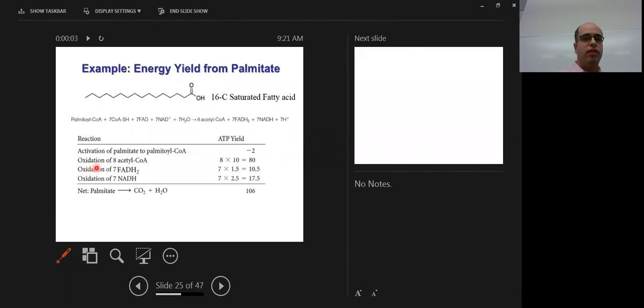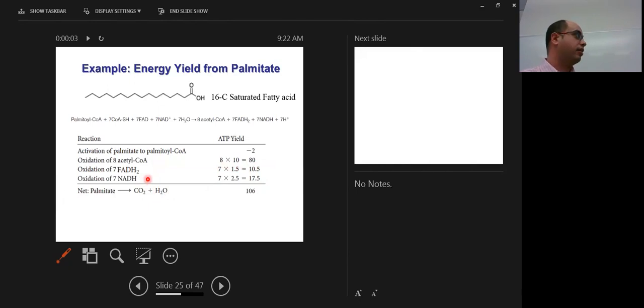You will produce 8 acetyl-CoAs when you cut this into 2 carbon CoA bits, and feeding those acetyl-CoAs into the citric acid cycle and then down the electron transport chain, you're going to yield about 80 ATPs from those. With the FADH2s that we produce from the first step, we're going to produce about 10.5 ATPs.